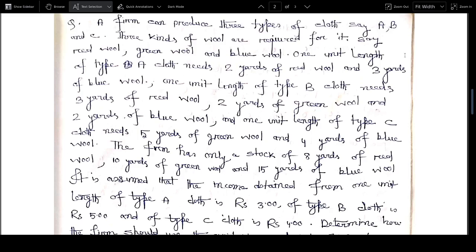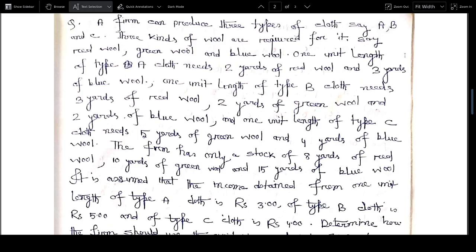And next, first we check whether this is a maximization or minimization problem. Here it is already mentioned: maximize the income, so it is a maximization problem.